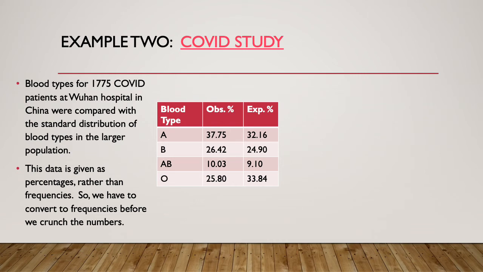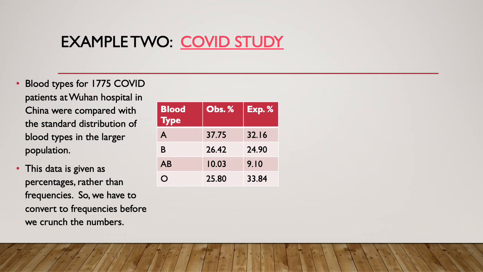Now, compare that with the expected percentages in the larger population in that area. In that area, 32% of individuals had type A blood, about 25% type B, 9% type AB, and almost 34% type O.